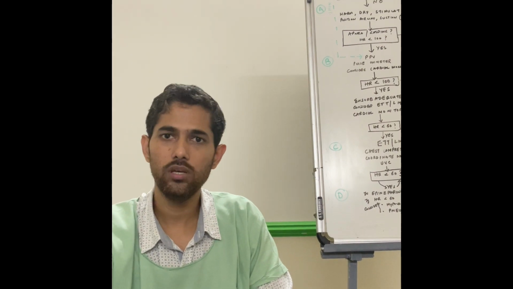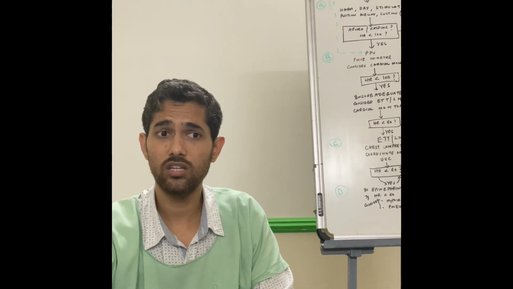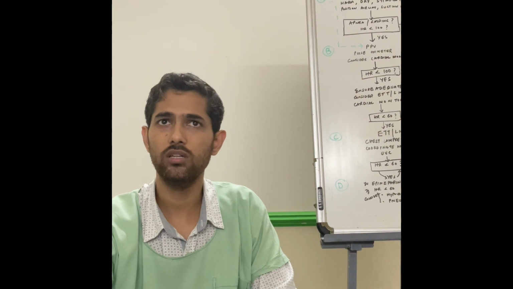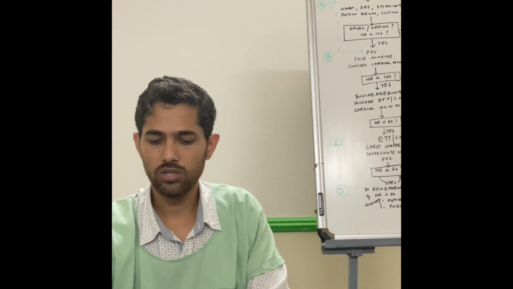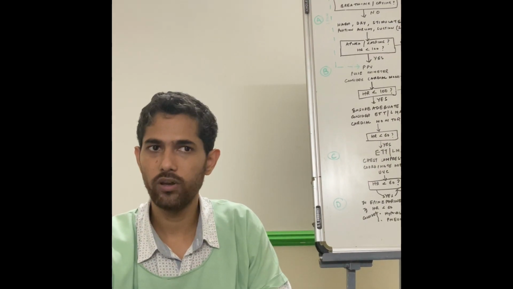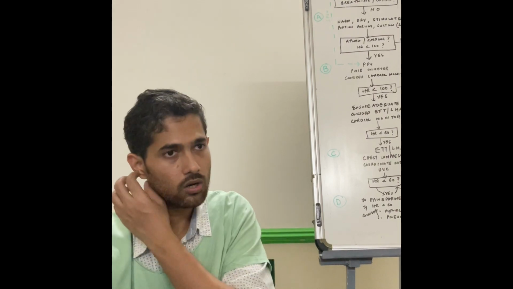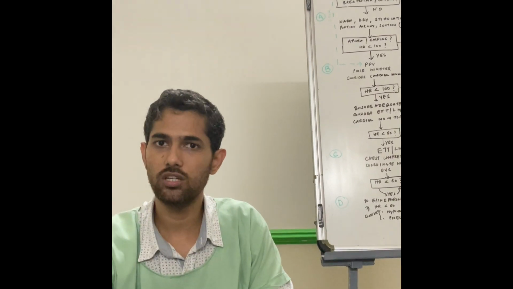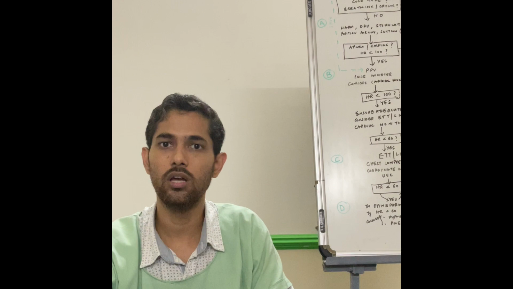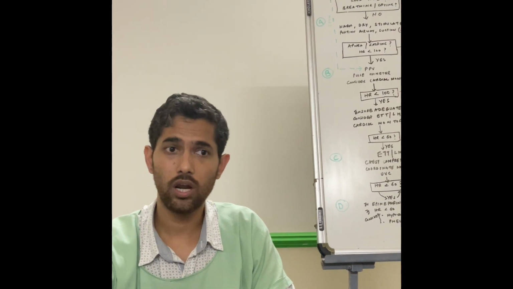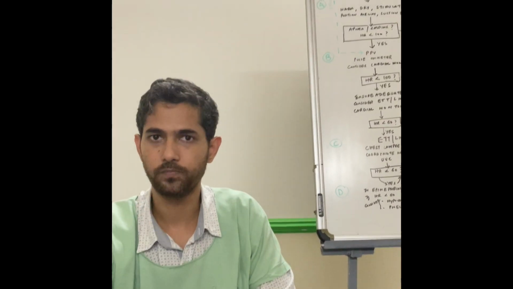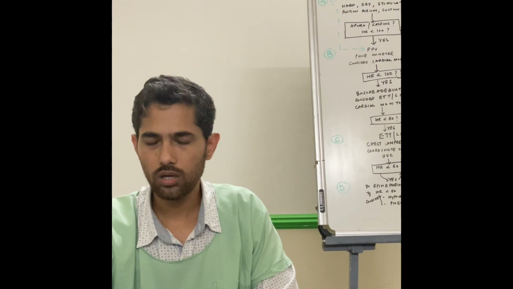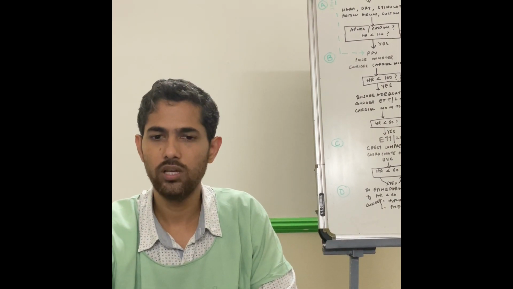As per NRP, effective communication is a very important thing, because the most common reason for not delivering effective resuscitation is not having good communication and good team effort. So how should we communicate effectively?